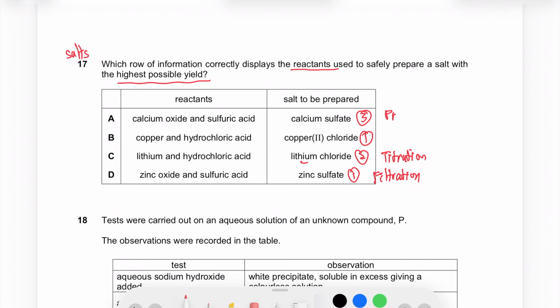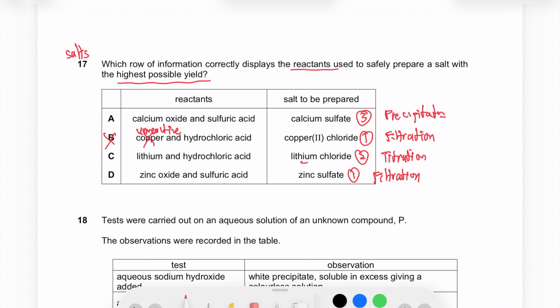This is precipitation, and this is your filtration. To form copper 2 chloride, copper cannot be used because it's unreactive, so B is out definitely.